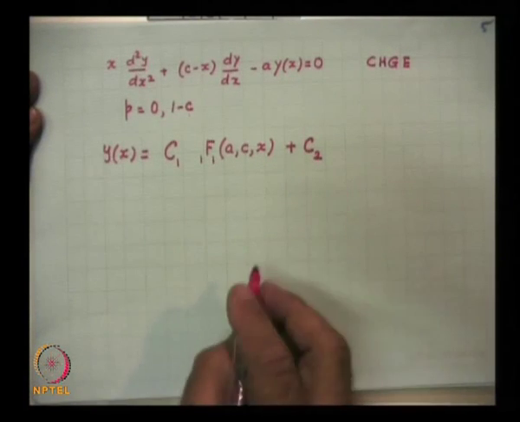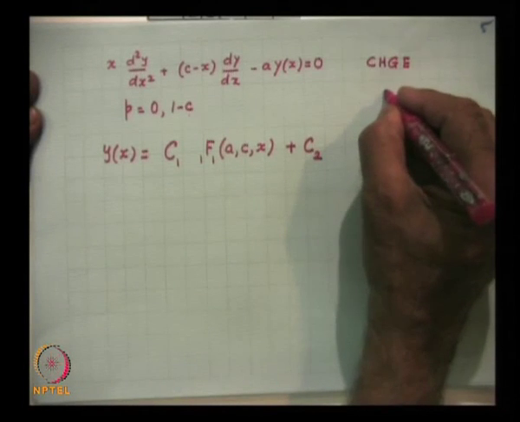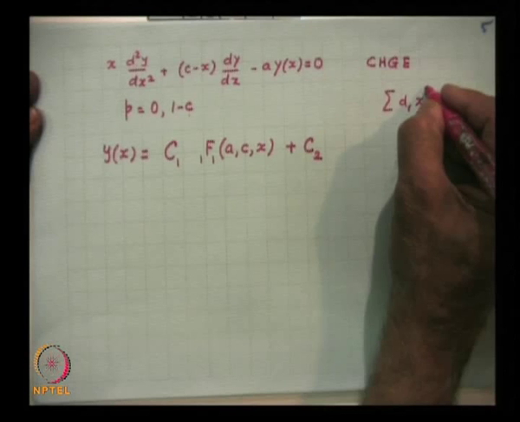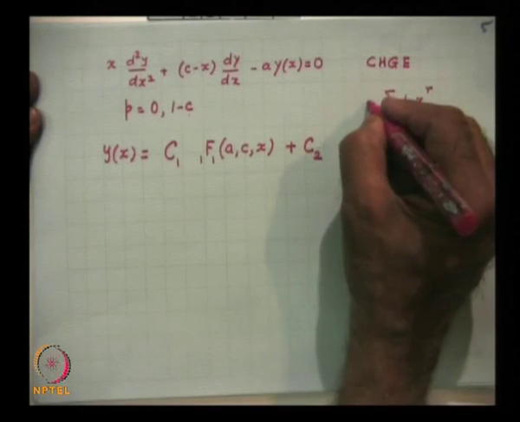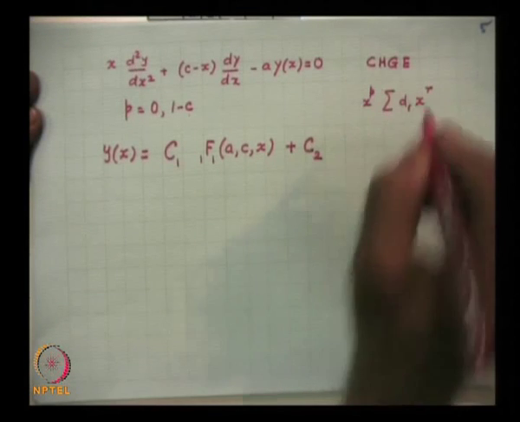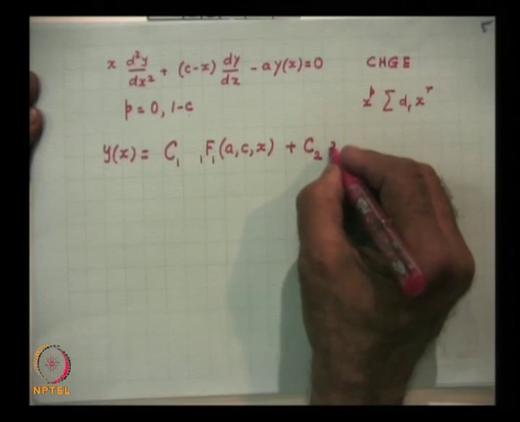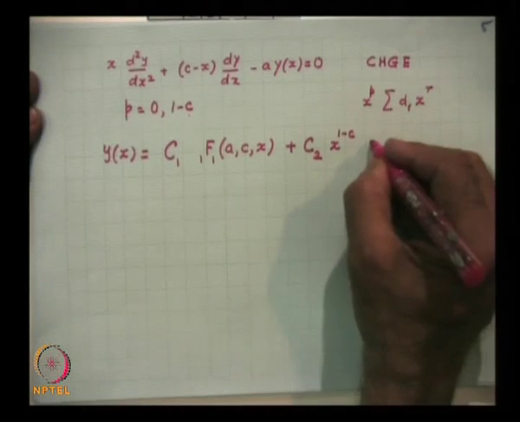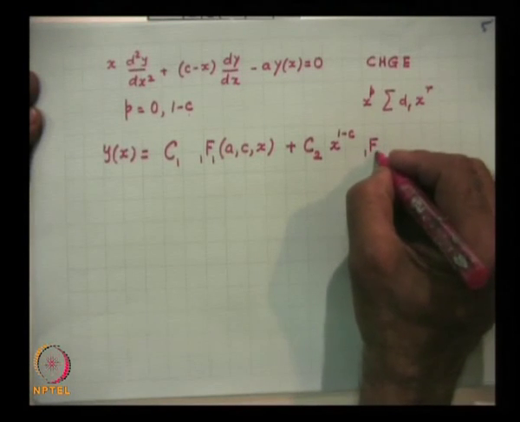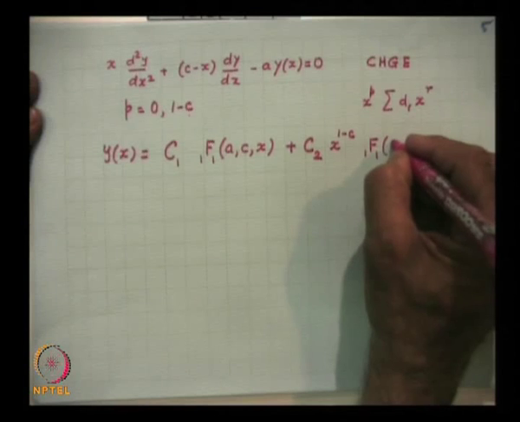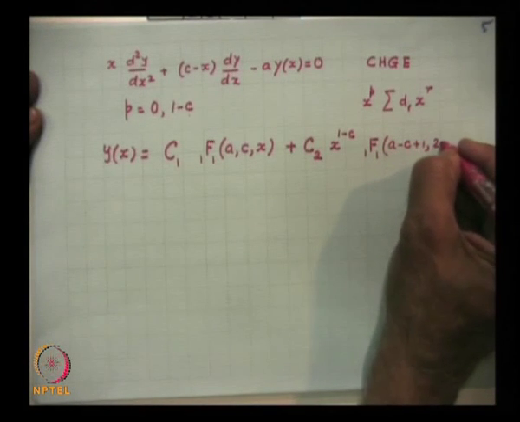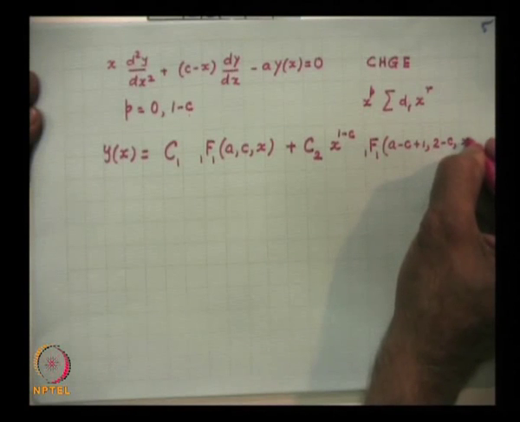You remember that we had summation d_r x to the power of p plus r. So, if I take r here, so x to the power of p here, so it will be x to the power of 1 minus c f11 a minus c plus 1, 2 minus c comma x.